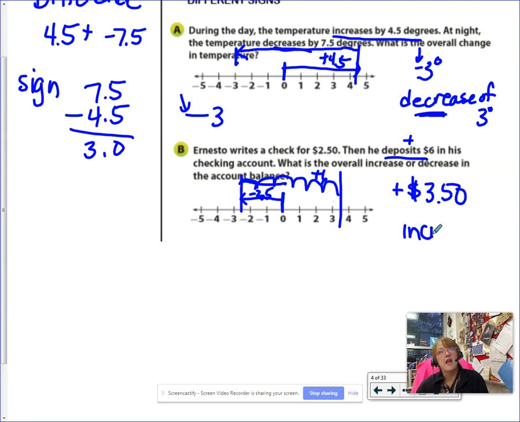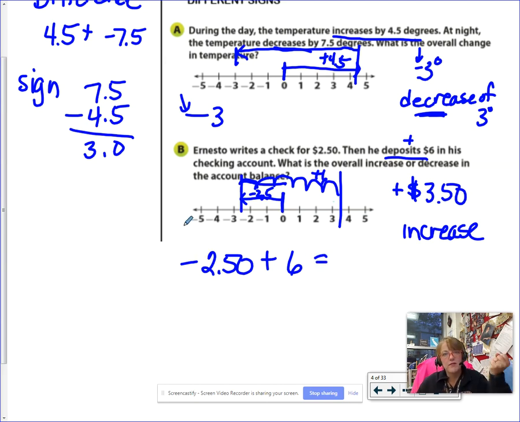Or since they asked it in a way that says, what is the overall increase or decrease, then you should use those words to answer. Here's how you do this by just showing the math part of it. You have -2.50, or $2.50, and you're adding 6. So first of all, decide, what's the sign of my answer? Do I have more negative power or more positive power? Because these absolute values are 2.5 and 6, 6 is stronger, your answer will be positive.